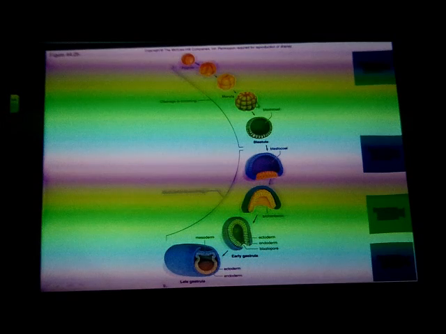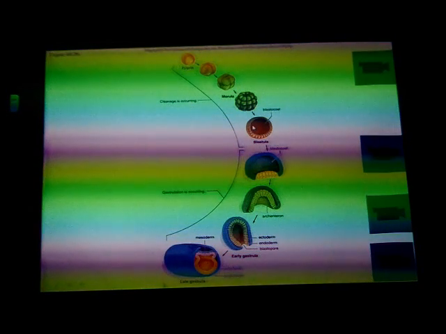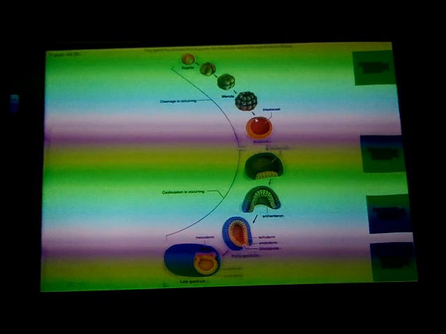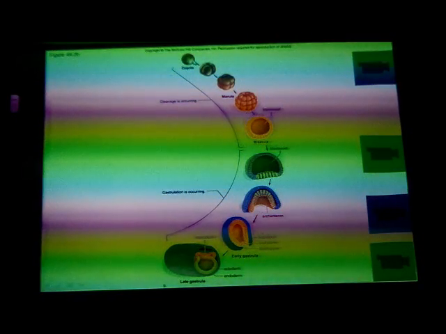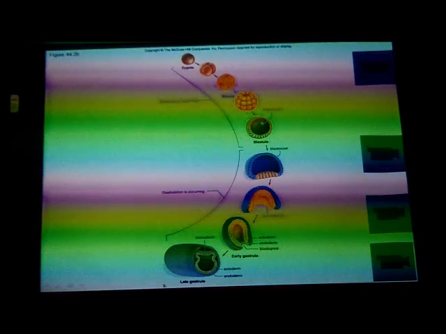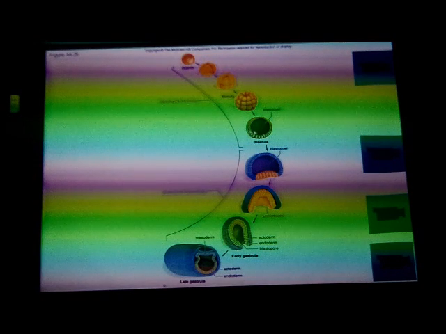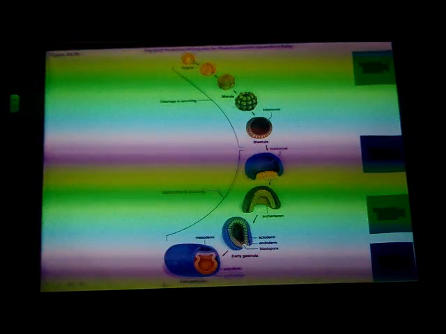And I want you to know that this blastula stage, the entire thing is about the same size as the zygote. So this blastula with 256 cells is almost the same size as the zygote with one cell.